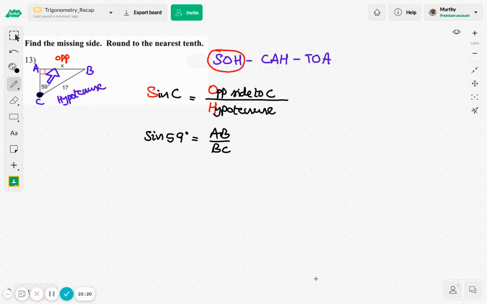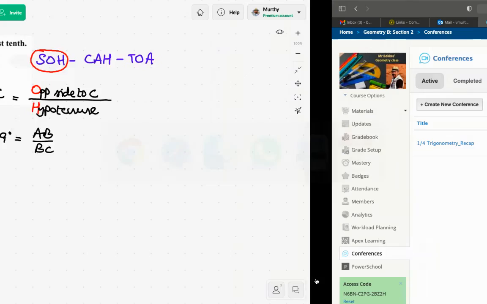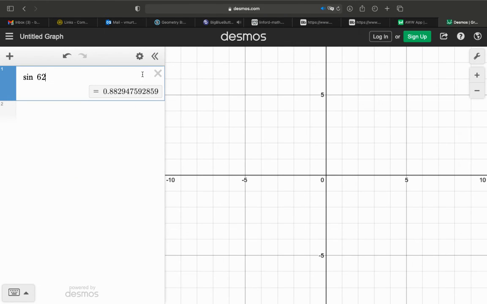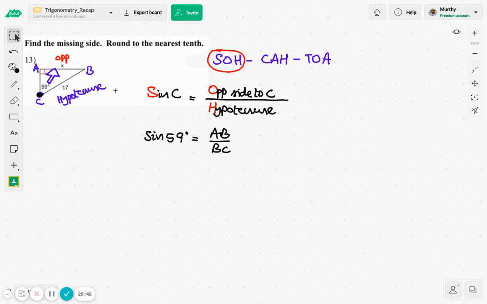What does sine 59 mean? Let me make use of my graphing calculator on Desmos. Sine 59 is 0.8571. So 0.8571 equals AB, which is not known, over BC, the hypotenuse, which is 17.